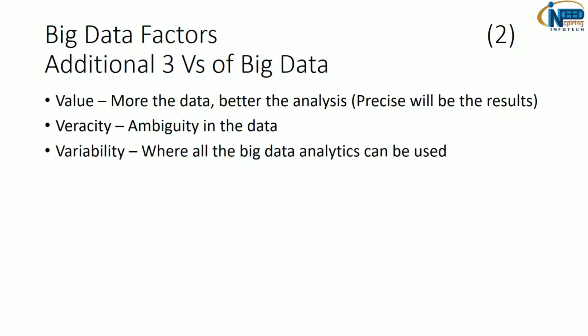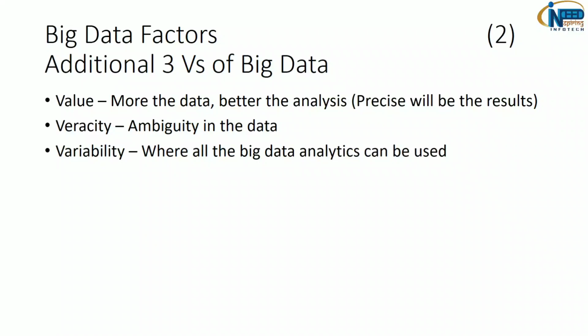Veracity means ambiguity in the data. Here, we have the data, but we are not able to process the whole data due to lack of algorithms, software, or infrastructure. In this case, we may process a part of the data or a sample of the data. Let's say we have survey data of 1 million users and we are just analyzing survey data of around 1000 people.